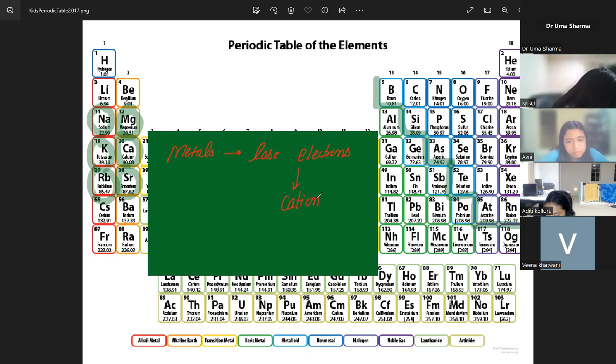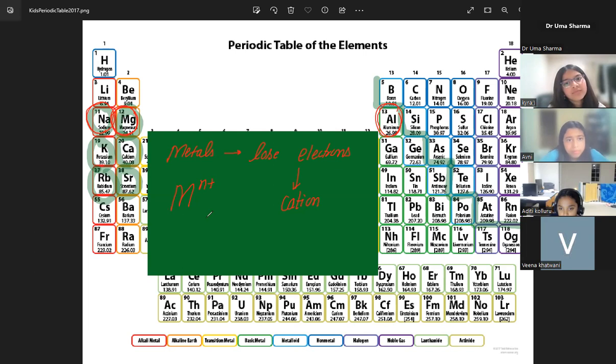So I can put it like this: M^n+. N plus means, like, sodium can lose how many? 1. Magnesium, 2. Aluminum, 3. So n can be 1, 2, 3, right?